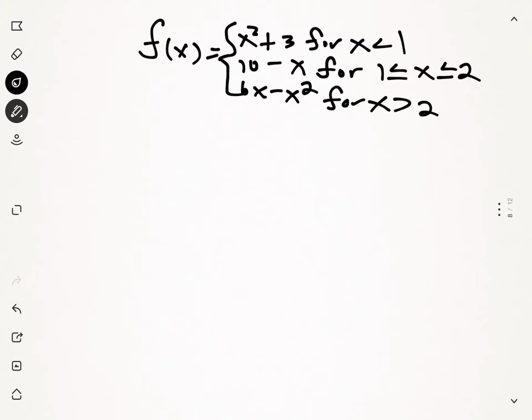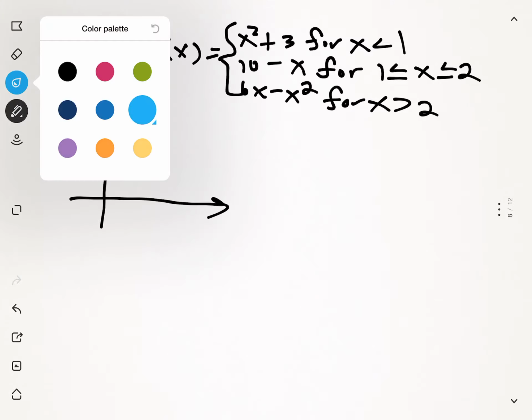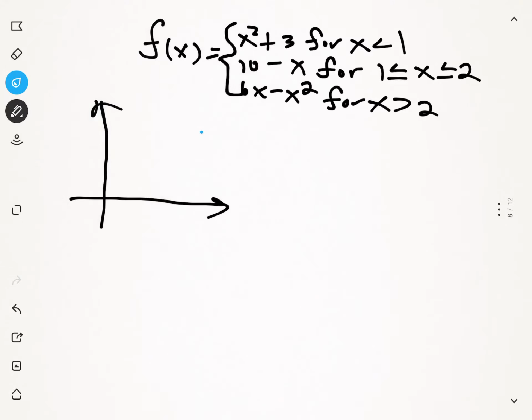So in order to answer the questions that go along with this, we have to be able to graph this function. So for the first one, we see that it's a parabola up 3.